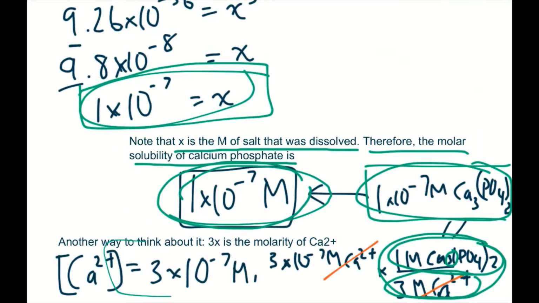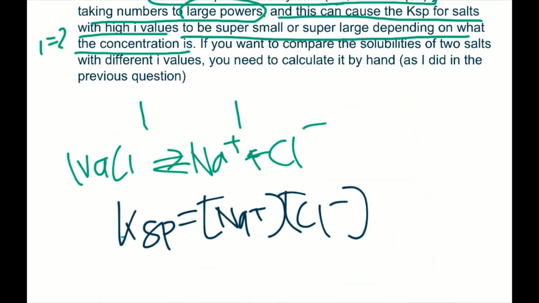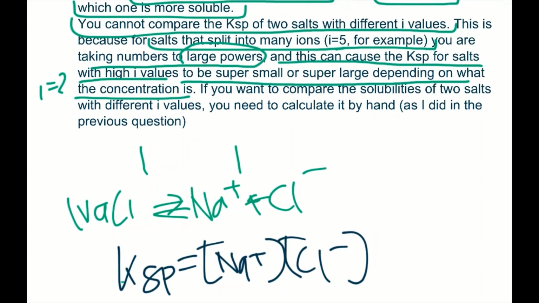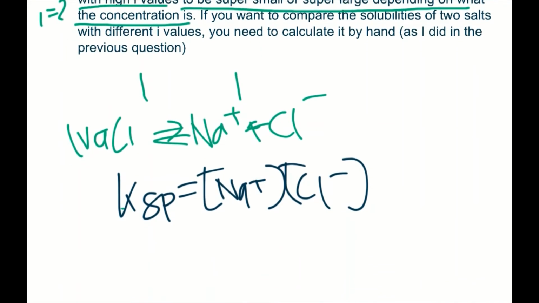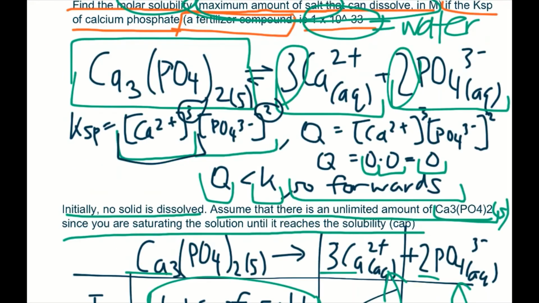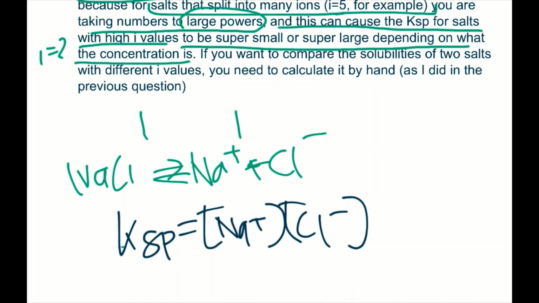But for something like calcium phosphate, notice how you're taking them to very large powers, and this can drastically affect the results. So maybe the 2 salts can have the same solubility, but their Ksps can be so different just because of the fact that you're taking things to the 3rd power here, while you're taking things to the 1st power here.